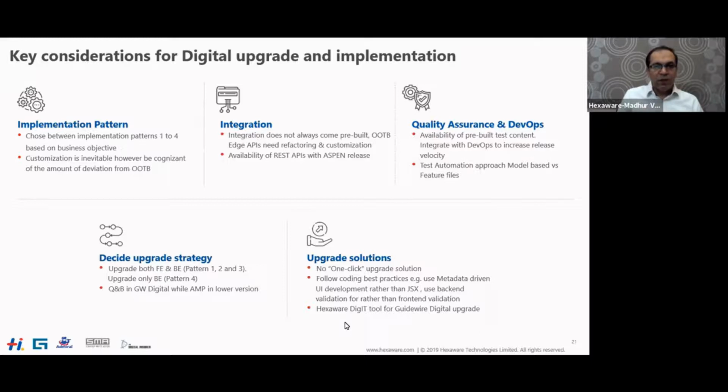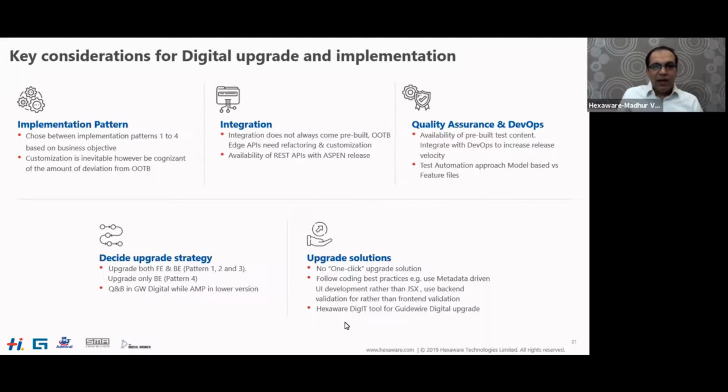And as we all know, it has to be done based on the business objective, which are very simple in that sense, right? If you want to stick to out of the box journey, go with pattern 1. However, if you want to continue using the UI framework, the Jutro framework that Dimitri spoke about, but you still want to customize some of those journeys, you can go with pattern 2.